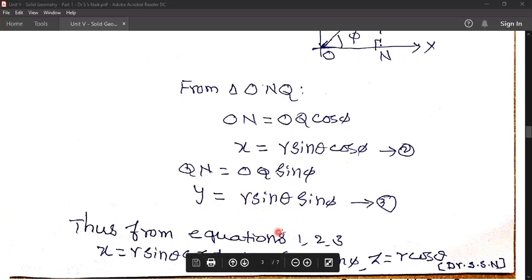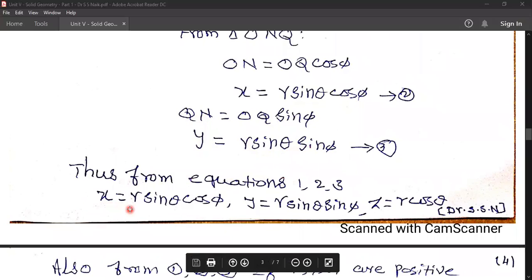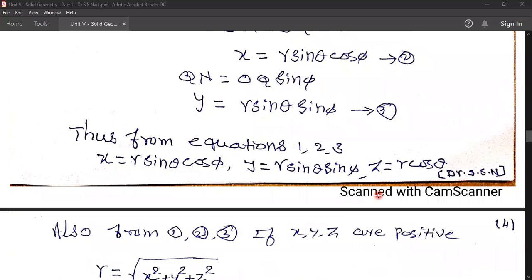Thus, these three equations, x is equal to r sin theta cos phi, y is equal to r sin theta sin phi and z is equal to r cos theta, are the relations between the Cartesian coordinates x, y, z and the spherical polar coordinates r, theta, phi.